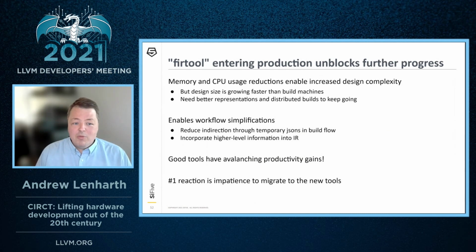Our most complex designs we are working with are starting to exceed what some large portions of our build cluster can actually deal with in memory usage, let alone they might take a day to run. So it's really critical that we get this resource usage under control to be able to scale up our designs and be able to meet our expected development.